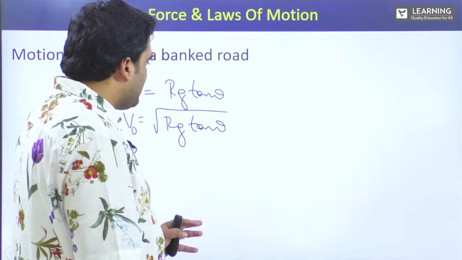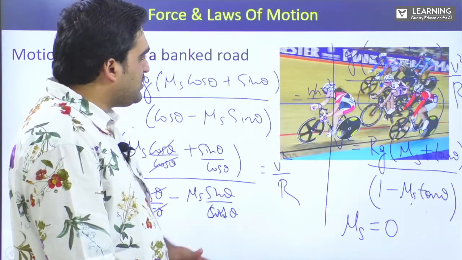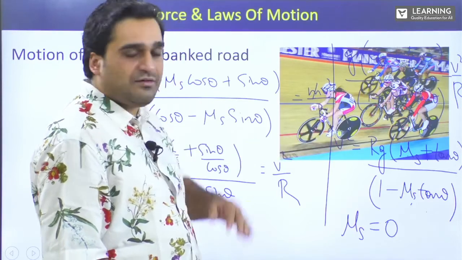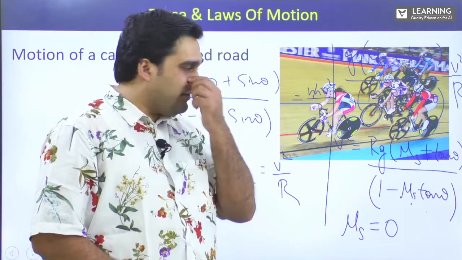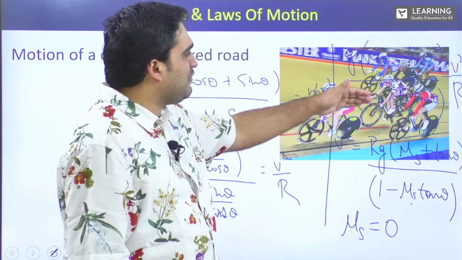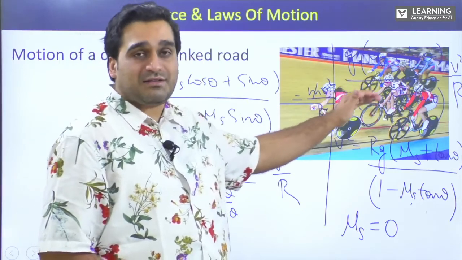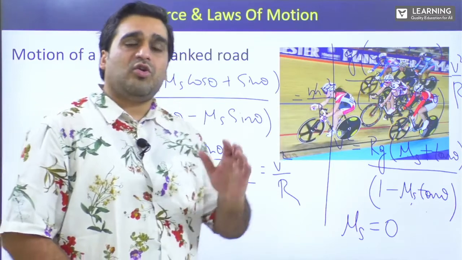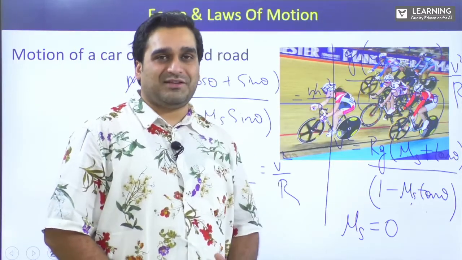Now, what happens when you go to the outer edge and the inner edge of the circular track? How can it differ? Some cars move at the outer edge, some cars move at the inner edge. Who has a better advantage?